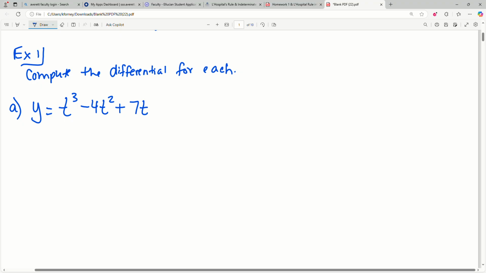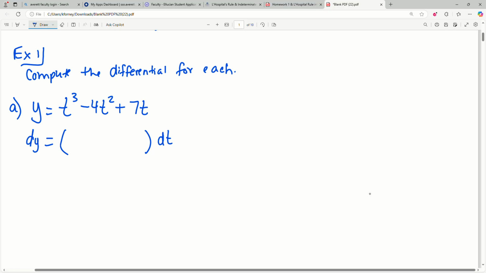Anyway, we won't go back to those days. If we want to take the derivative of y, dy is going to equal the derivative of this, but then I need to say that was the derivative with respect to t, dt.